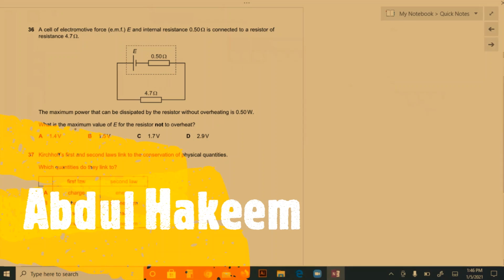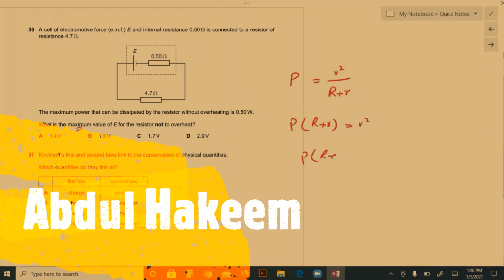So look, we have to calculate the maximum value. So power is equal to V square over R. So total resistance is external plus internal. So power times total resistance is equal to V square.